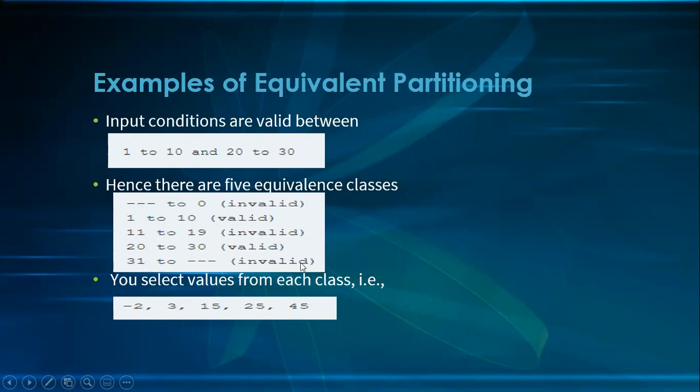Then for 31 to the end, let's say I take 31 itself. All these 5 classes are what I would test against. So I don't need to do 20 or 50 or 100 of them. With these 5, each subset, each class, is captured because it's been broken down. I would test -2, 3, 15, and 25. This is how equivalence partitioning works.